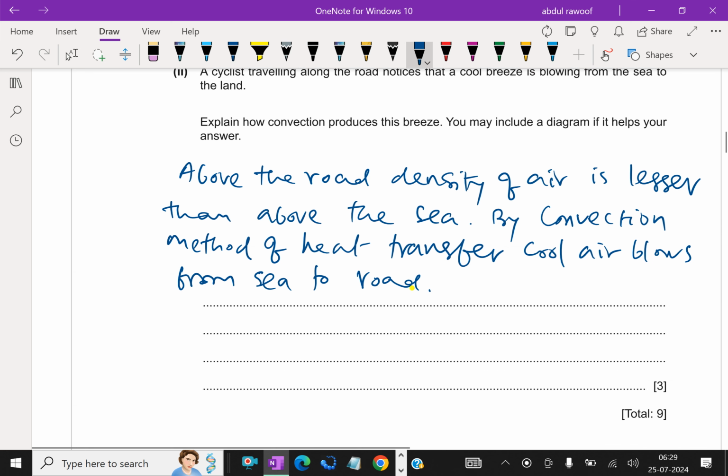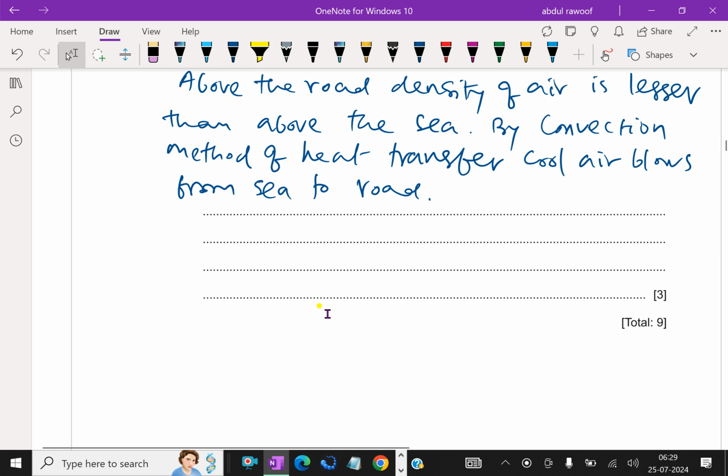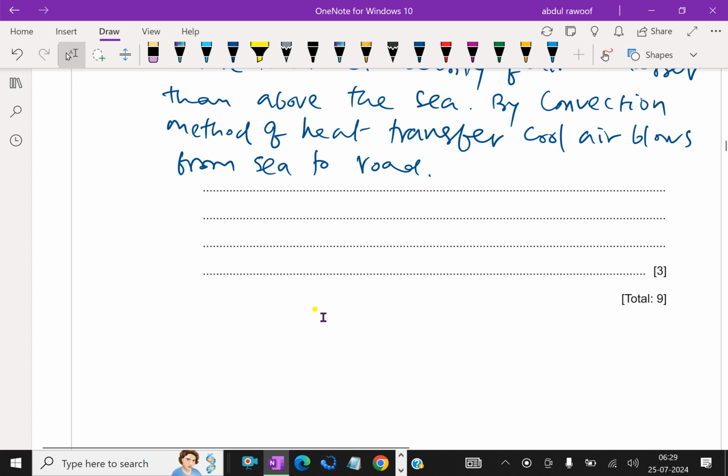So the cyclist feels cool air. Now, suppose this is the sea. This is sea water.